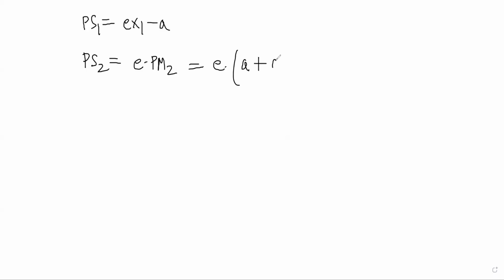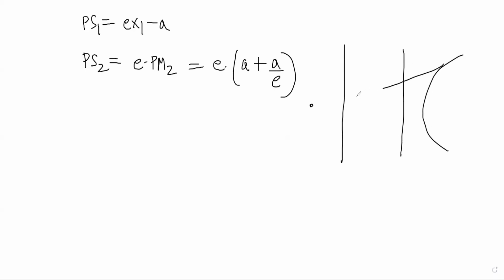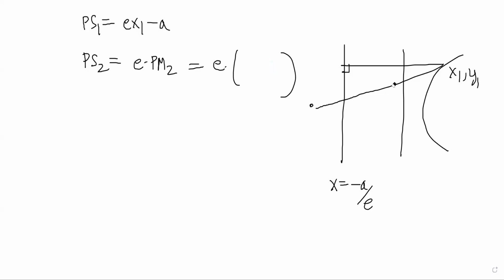So the focal distance PS1 is EX1 minus A, and the focal distance PS2 would be E times PM2, and that would be E times x1 plus A by E, because the focal distance PS2 would be the distance till here, and this was at x is equal to minus a by e, and this was at x1 comma y1. So it is going to be x1 minus minus a by e. So it is going to be x1 plus a by e. So this becomes basically ex1 plus a.